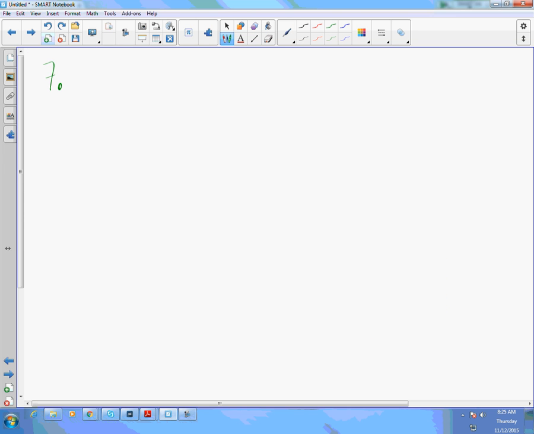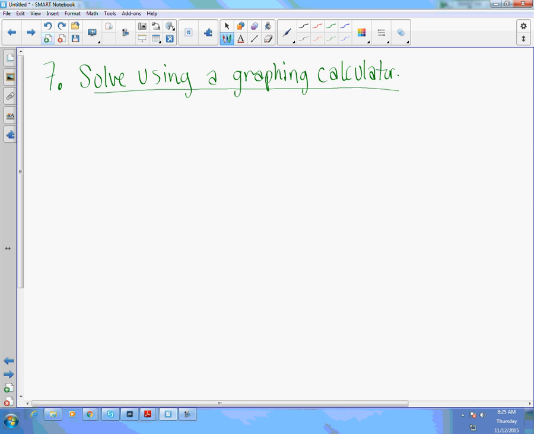Number 7. Solve using a graphing calculator. If for some reason you don't have a calculator, come get one. So leave a spot for 6, you can see it needs a little bit of room, because number 5 took a little bit of room.